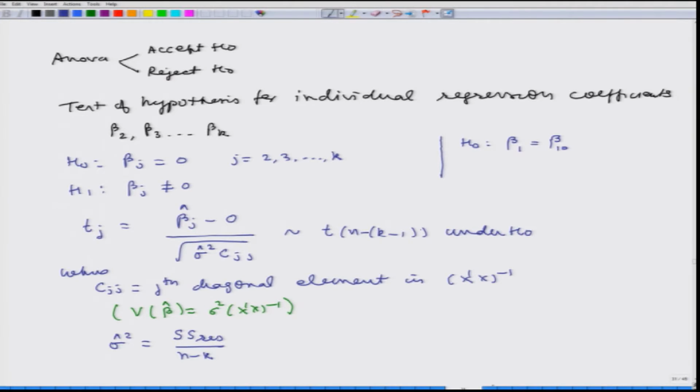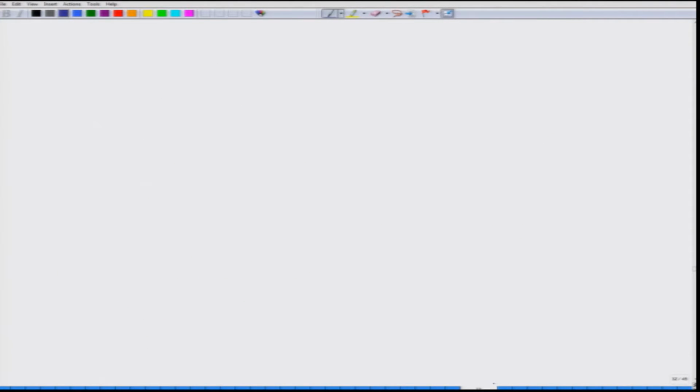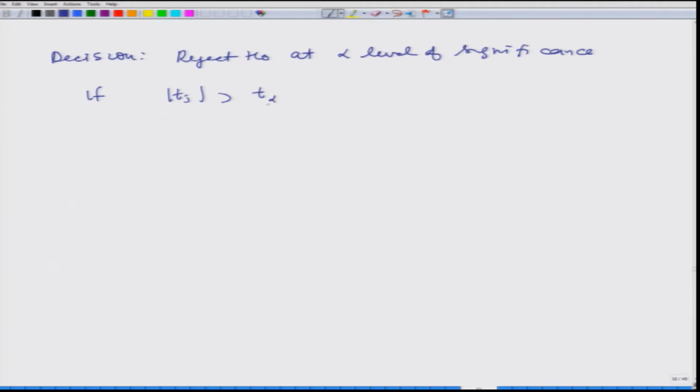So, now in this case, once we have obtained the data and calculated the statistic Tj, my decision will become: reject H naught at alpha level of significance if the absolute value of Tj is greater than the critical value t alpha by 2 at n minus k minus 1 degrees of freedom.